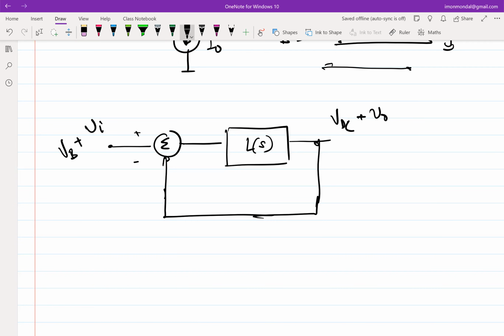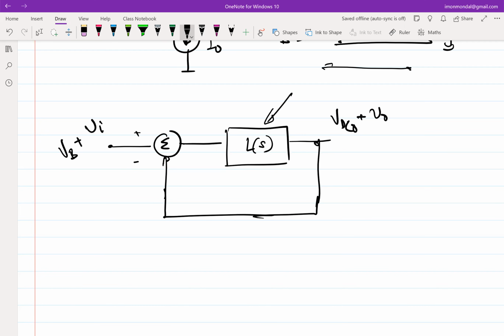Now the question is, how do I set the VDC, the DC out? If I close the loop, will VDC change? It can change. But then how do I design this L of S? The L of S in this case is your diff amp. How do I design it if I don't know what my VDC out will be when I close the loop?